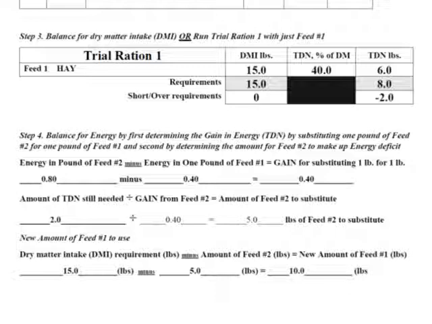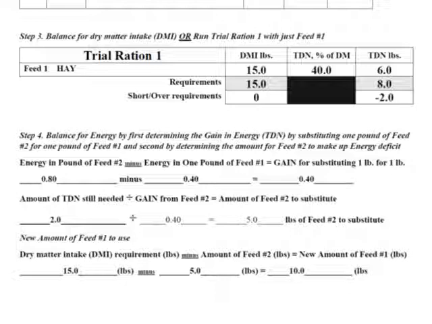I bring the fact I'm 2 pounds of TDN short, I bring that down to the blank for the amount of TDN still needed. I bring down from the line above the gain, so it is 0.4. Every time I take 1 pound of feed 1 out, I put our hay out, I put back 1 pound of corn, the pile gains 4/10 of a pound.